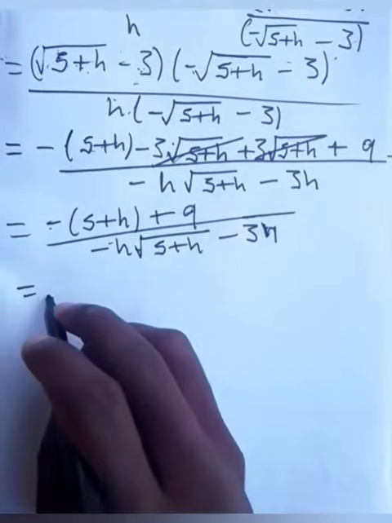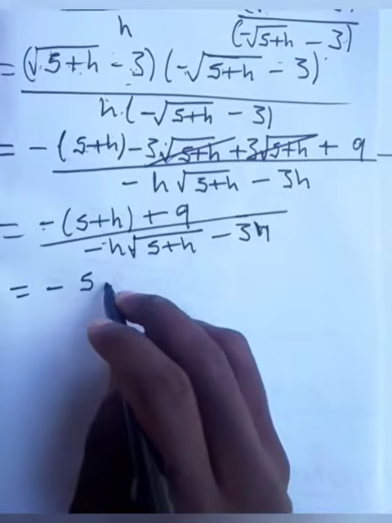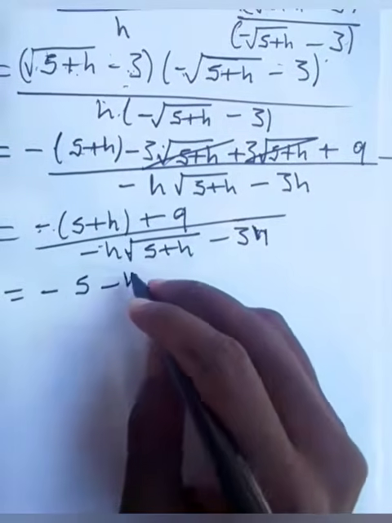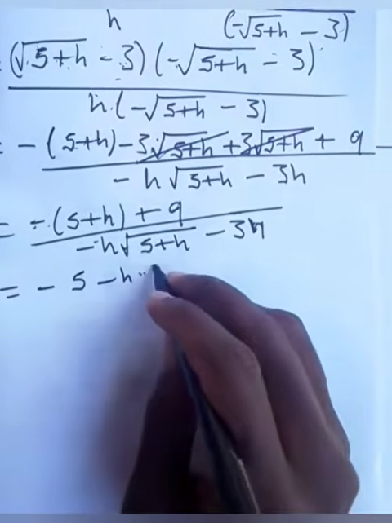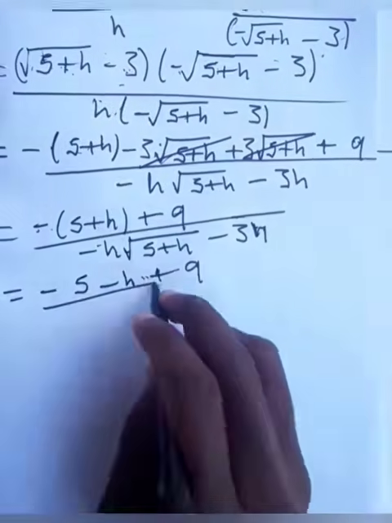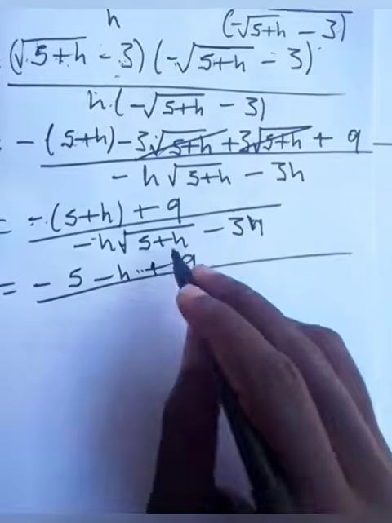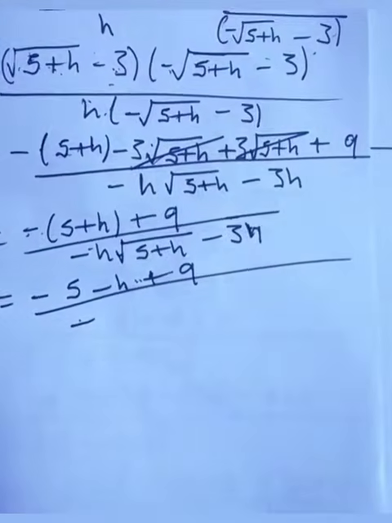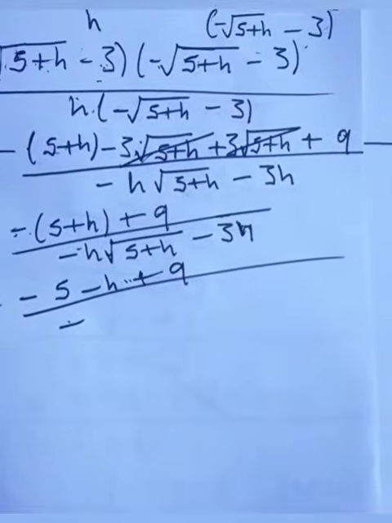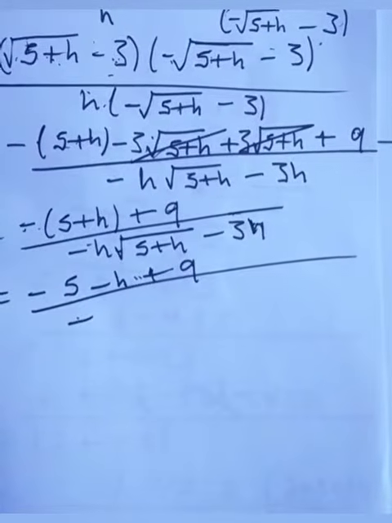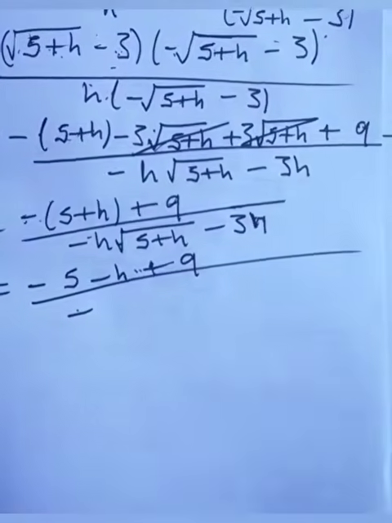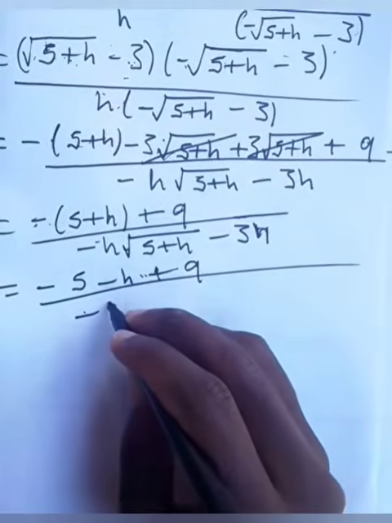Then we expand: negative times 5, negative times h, you get this, plus 9 over, what do we have here? I don't really see the necessity of even expanding the denominator, but anyway.